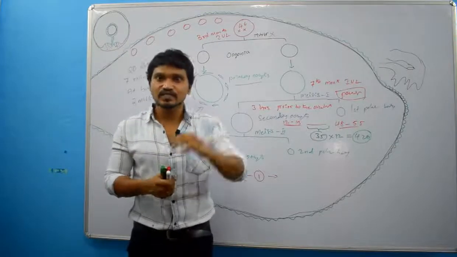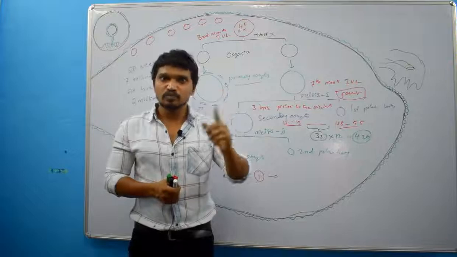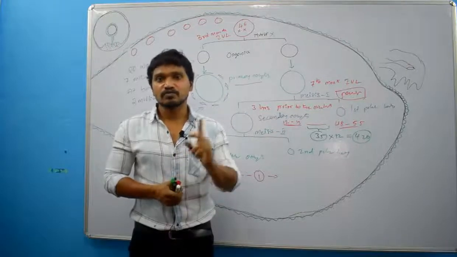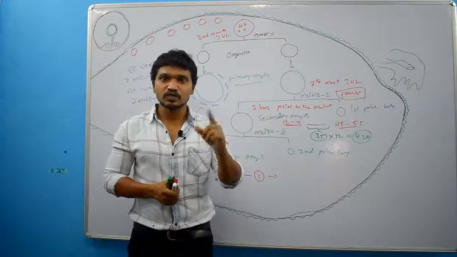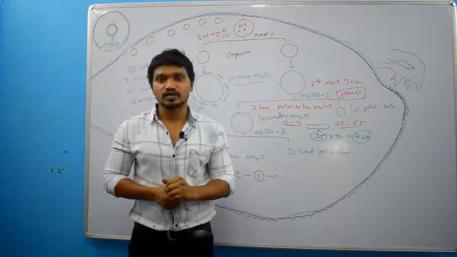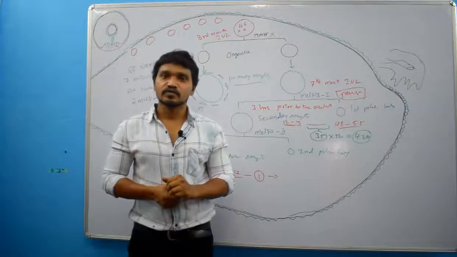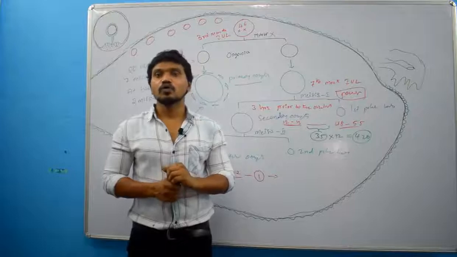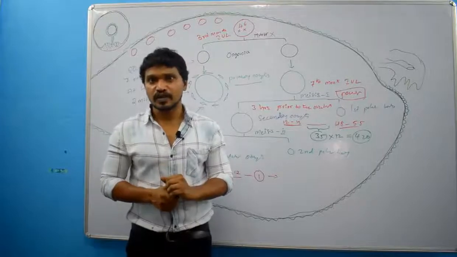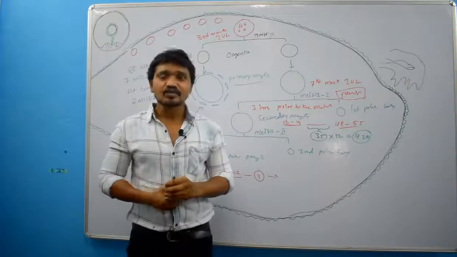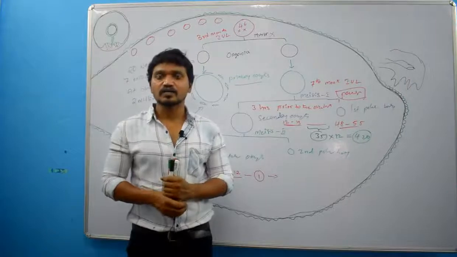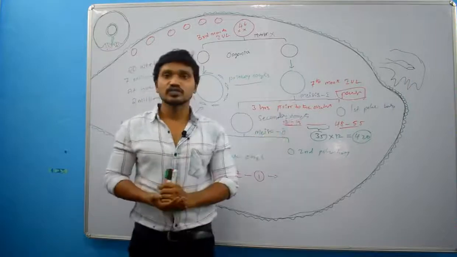That means in that zygote, there will be only one representative of that particular chromosome. That condition we call monosomy. Right? So, non-disjunction is common if there is a long duration of meiotic arrest.